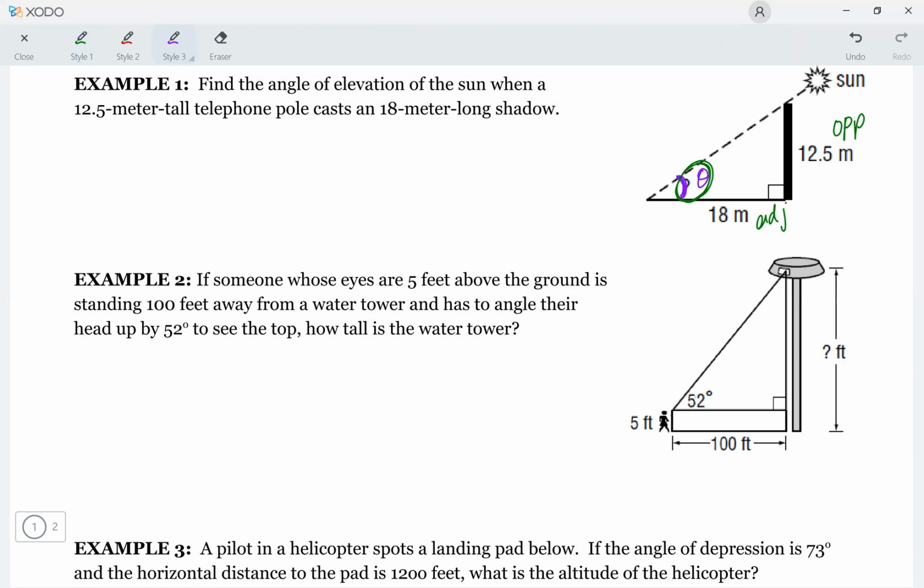That's our tangent ratio. So I could write my equation, tangent of theta, tangent of our angle of elevation, equals 12.5 over 18. And when we're solving for angles, that's when we used our inverse function. So I can rewrite my equation: theta is going to equal tan inverse, or tan negative 1, of 12.5 over 18.